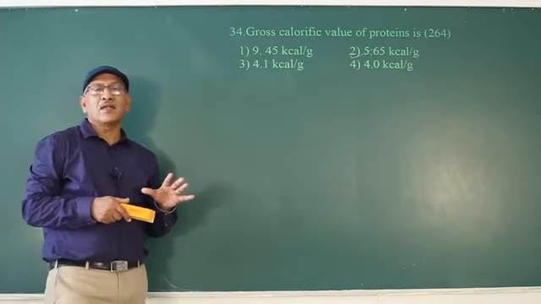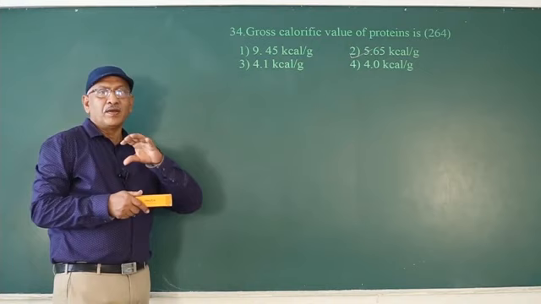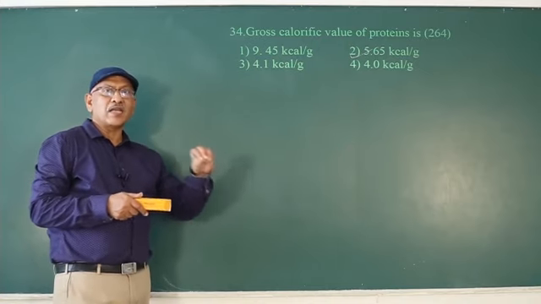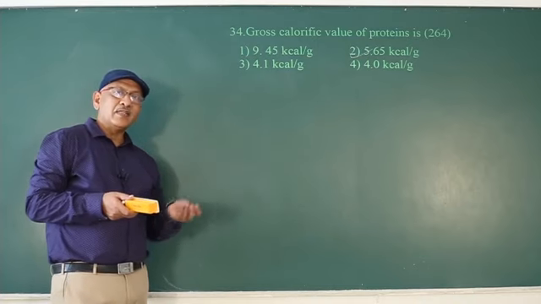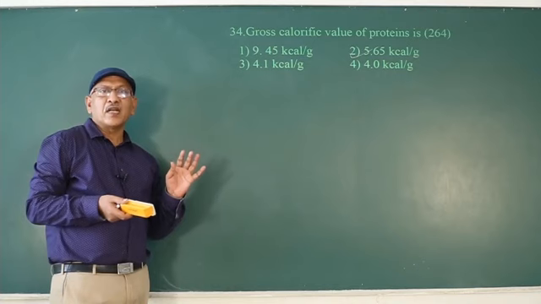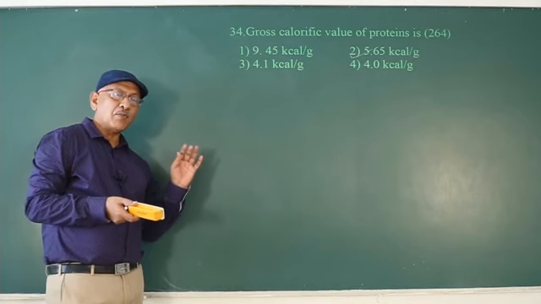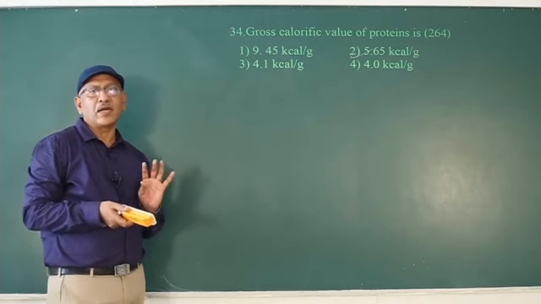If you oxidize the food material in a metallic vessel, the released energy is known as gross calorific value. In our body, the liberated energy in our body cells is known as physiological value. The physiological value of 1 gram of carbohydrate and 1 gram of protein is the same, 4 kilocalories.